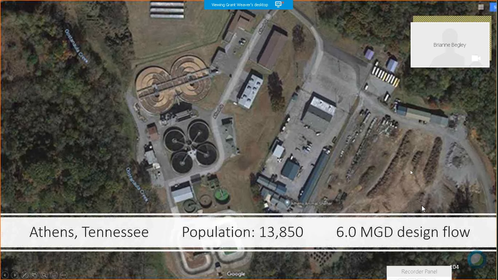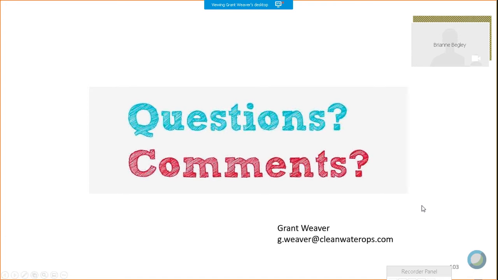There was another question. They had initially asked about case studies with oxidation ditches, but they corrected that to say aeration basins, not ditches. So I think they're asking, are you going to have any case studies coming up dealing with just aeration basins? I will.